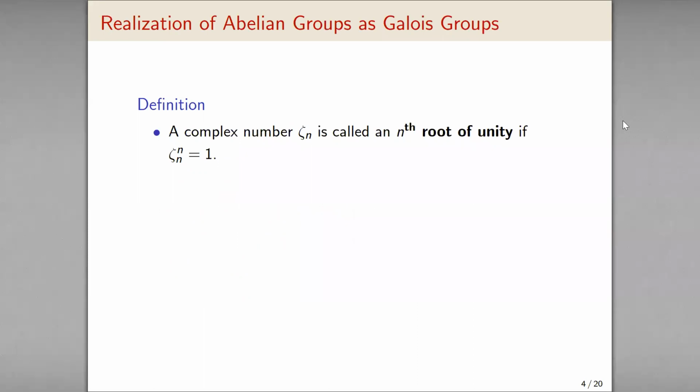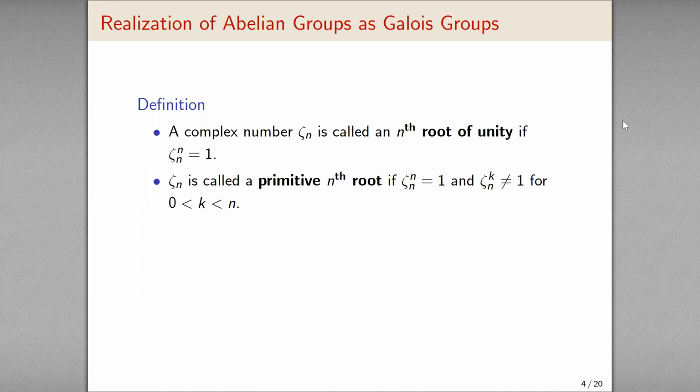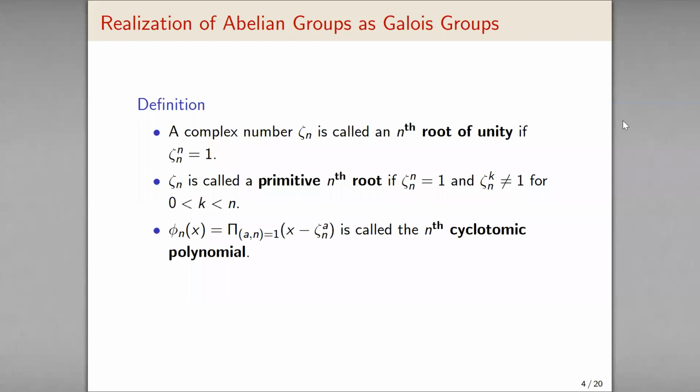We start by giving some definitions. A complex number zeta is called an nth root of unity if zeta to the n is equal to 1. And an nth root of unity is called a primitive nth root if it's not a kth root of unity for any k less than n. Now, if zeta is a primitive nth root and a is an integer coprime to n, then zeta to the a is also a primitive nth root, and this gives us every primitive nth root.